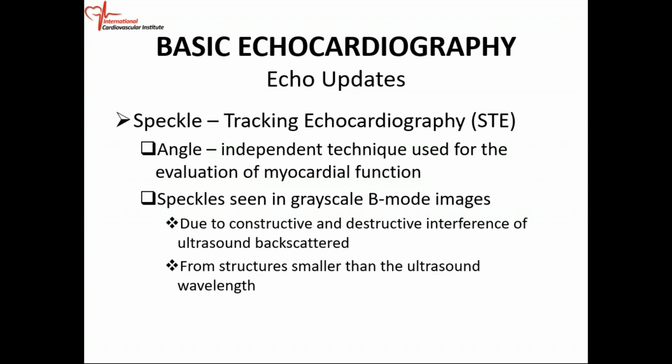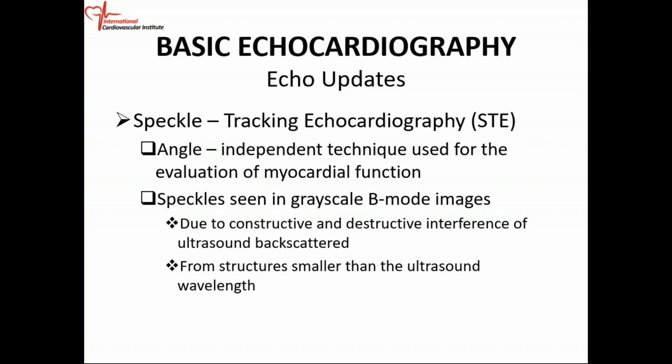That is why when you look at your regular ultrasound, you have varying shades of gray, some bright, some dark. We call that the gray scale. Things look gray, but if you look carefully, it is some black and some lighter, because you have constructive and destructive interference throughout the image.